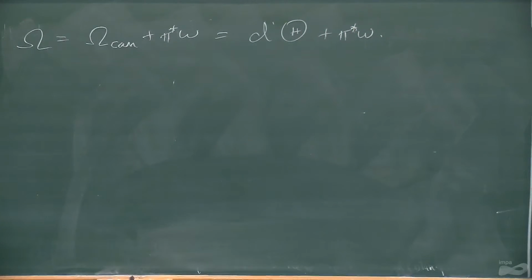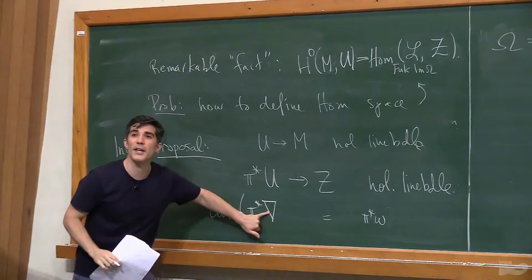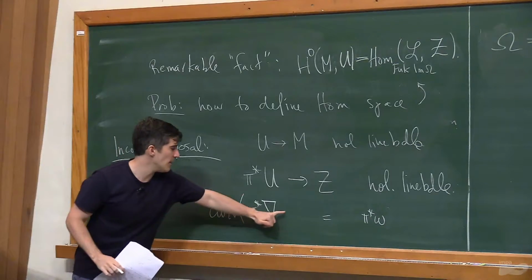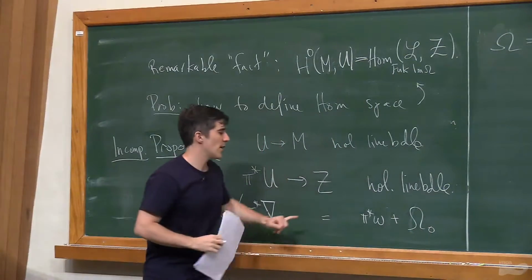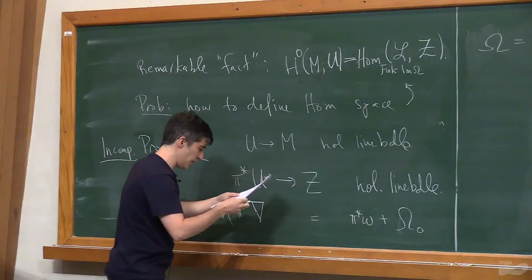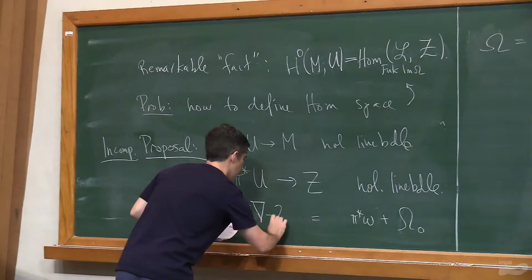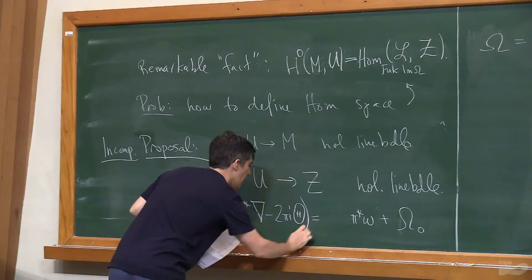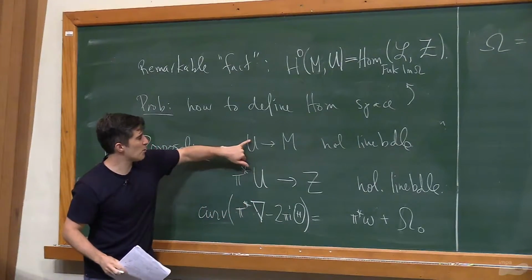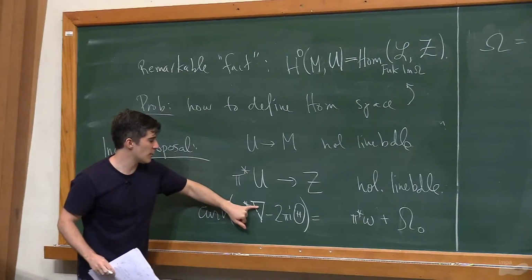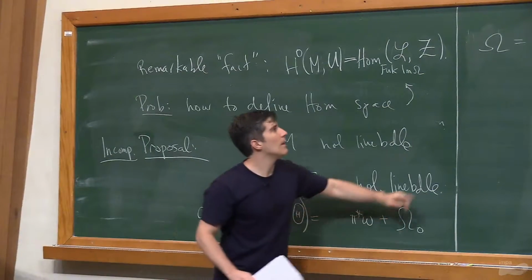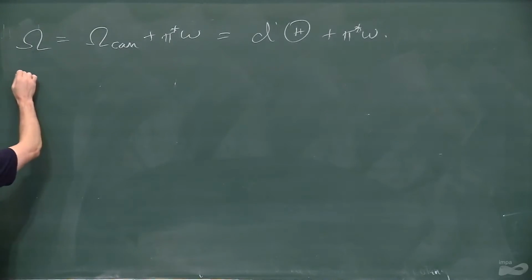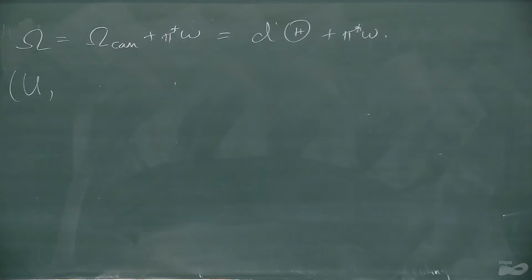So what I would like to do is to modify the unitary connection so that it's no longer unitary, but has curvature exactly this. And in order to do that, I just need to add theta. So I take the connection which was provided on U, the pre-quantum connection, I pull it back to Z, and I add theta. Then the curvature will be this thing. So we have U, and let me call this D, this sum of two pieces.